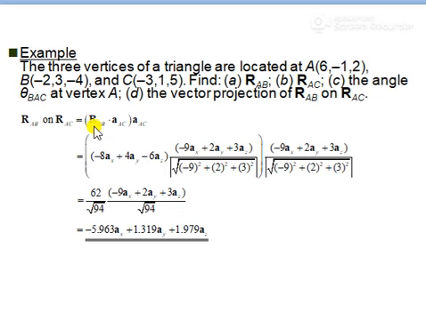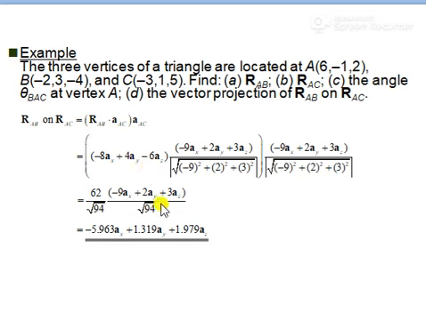So here you can see this is how you can calculate the projection. If you want to calculate the projection of RAB on RAC, you take a dot product of RAB with the unit vector along RAC, and then multiply by that unit vector.